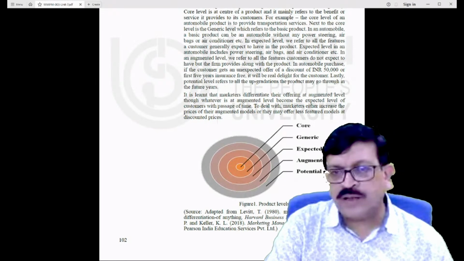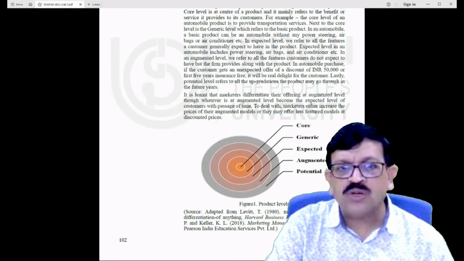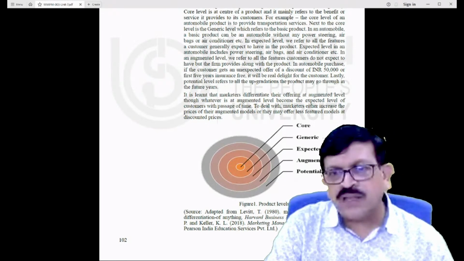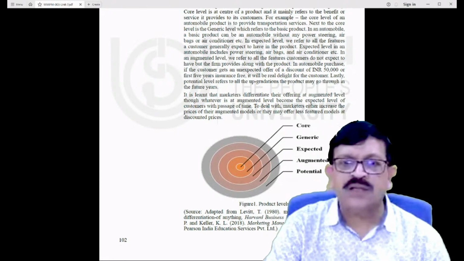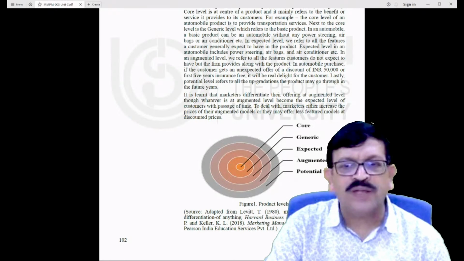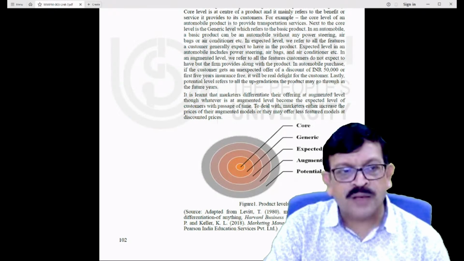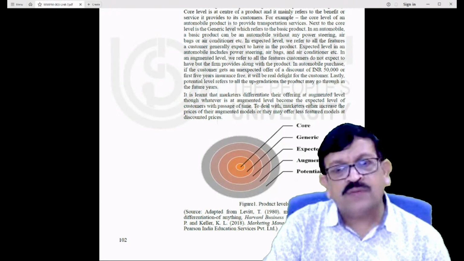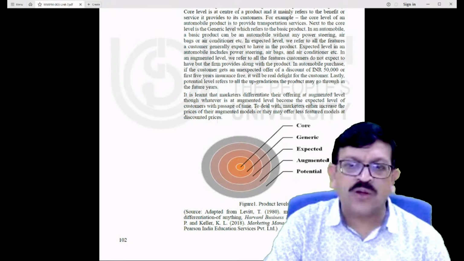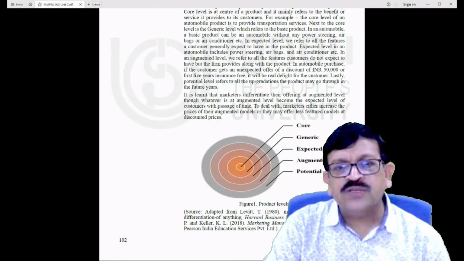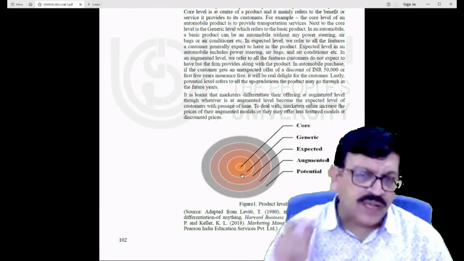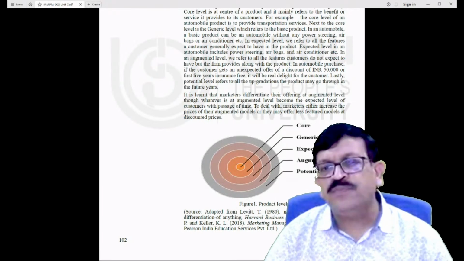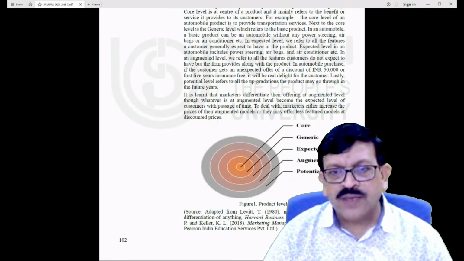For example, a watch is basically anything to do with time, so it has to have the core benefit of giving the time. Whether it is digital or analog or whatever, that needs to be packed in at the generic level. So this is basically an offer which any watch would have.